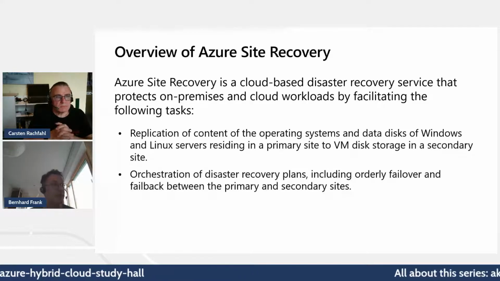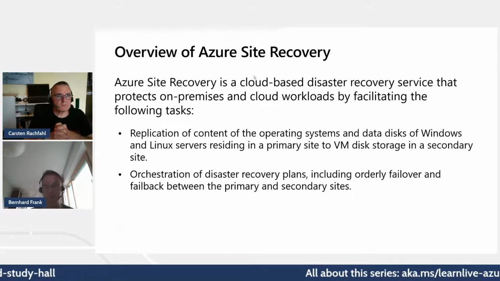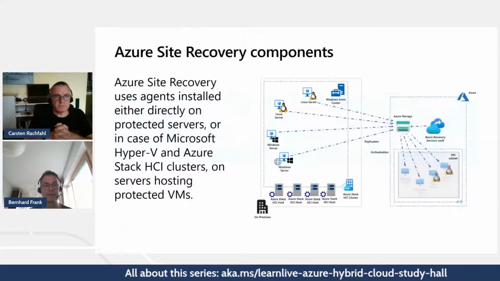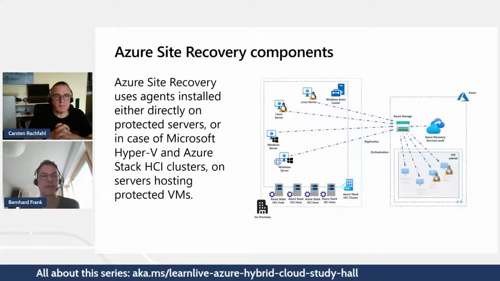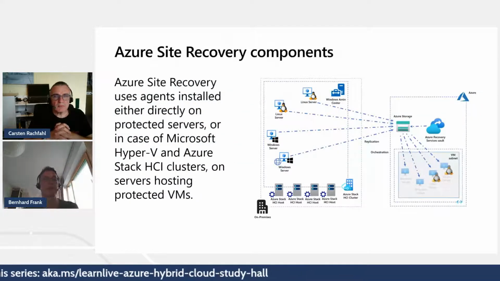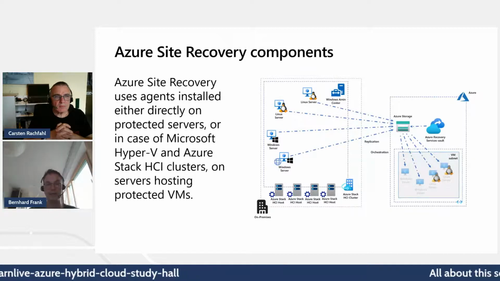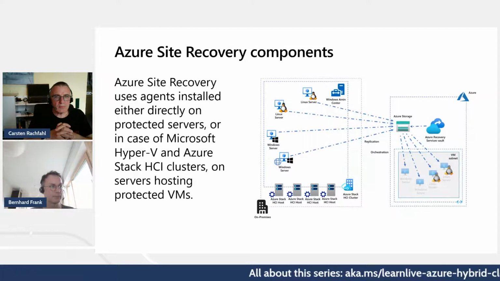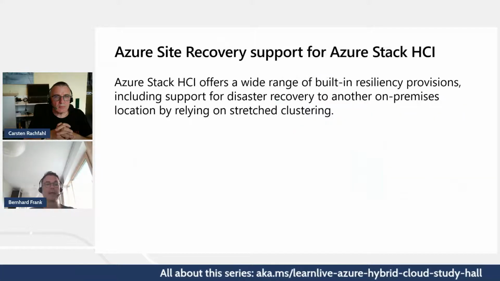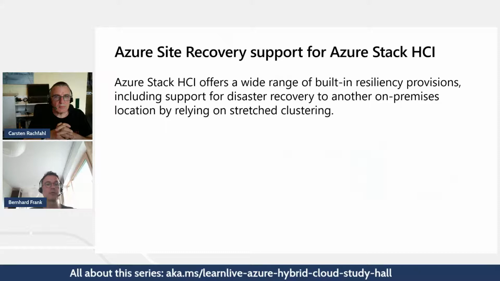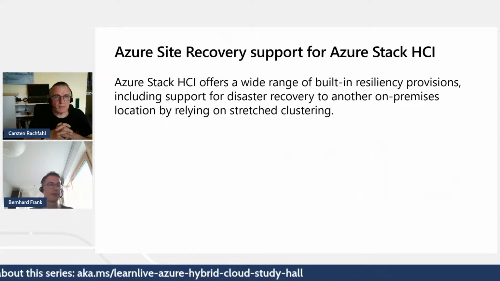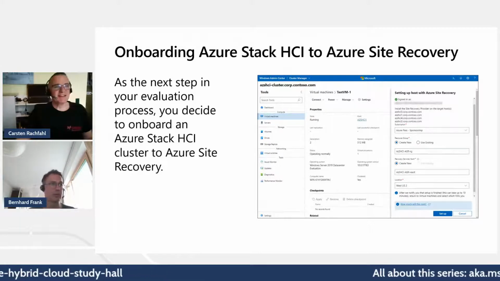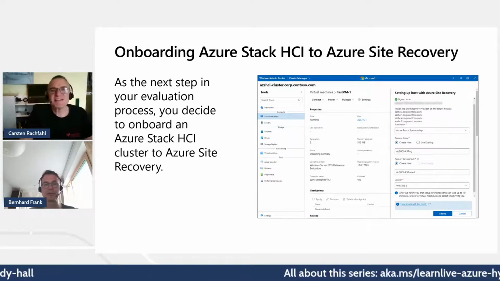So let's maybe look a little bit into the PowerPoints to get some screenshots, right? It is, as I would say, an agent-based way. You install something on your Azure Stack HCI nodes, and I'll show that in a minute in my demo environment. And then you set up the configuration of what you want to replicate, which kind of virtual machines you want to replicate.